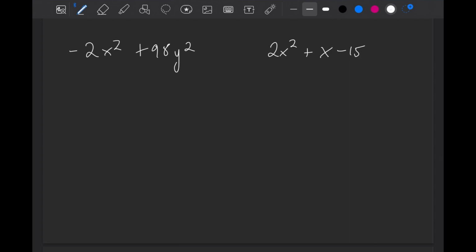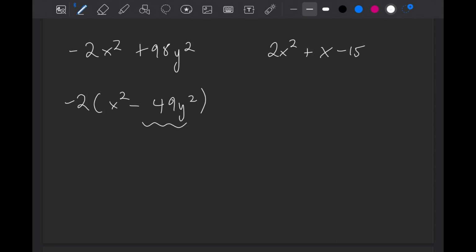In this one, my approach would again be to factor out the leading term. I would get minus 2 on the outside, x squared minus 49y squared.